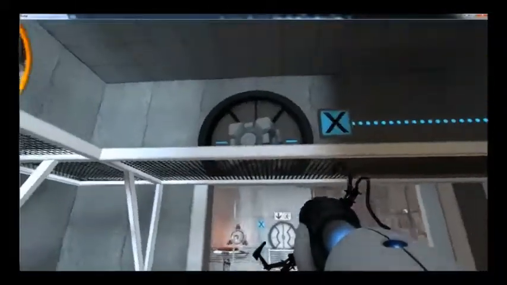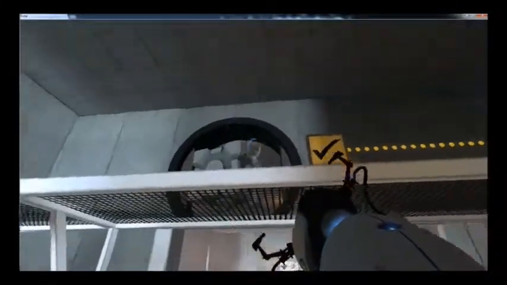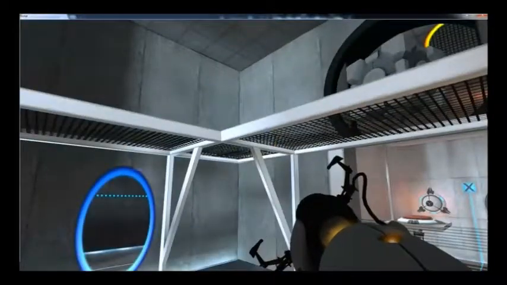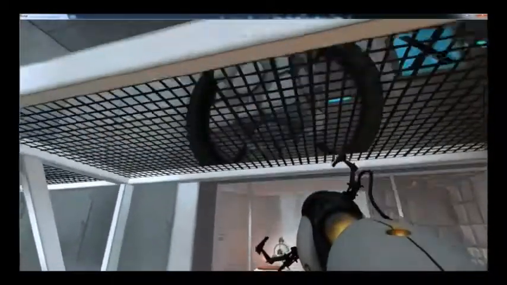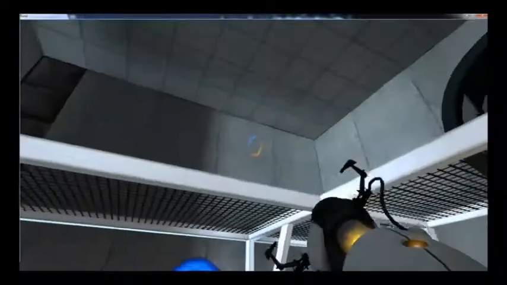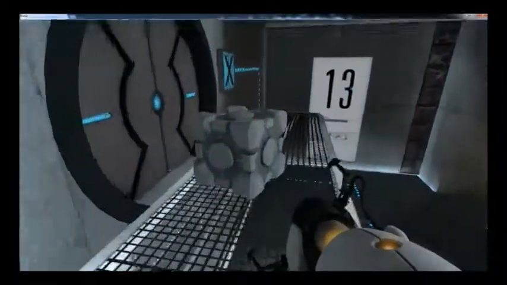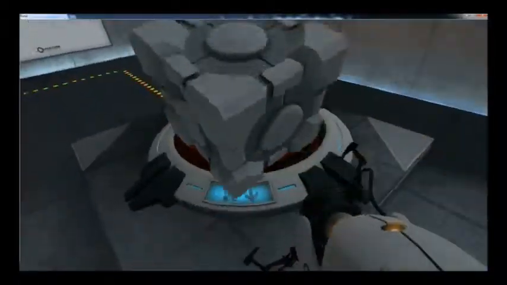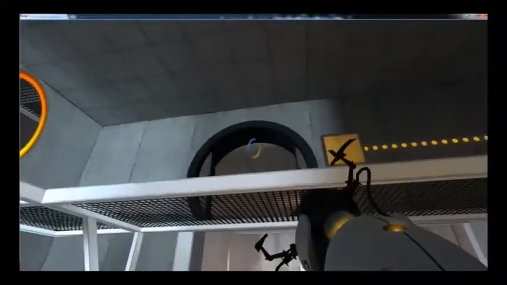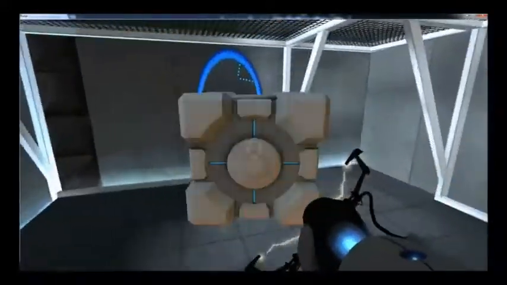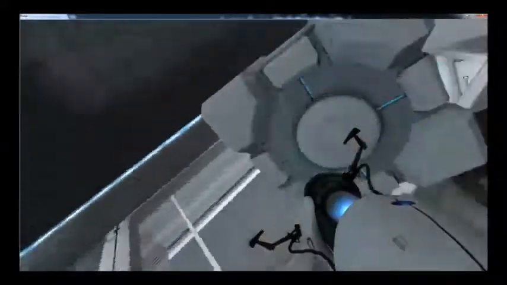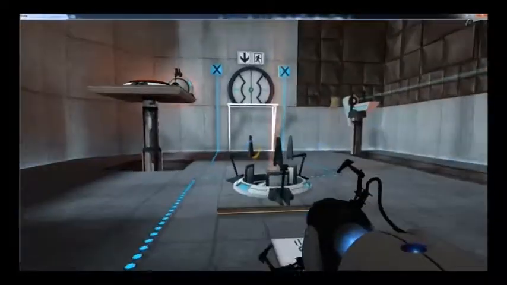Wait a minute. I remember. Yes. I want this cube. Okay, enough screwing around. Let's see here now.